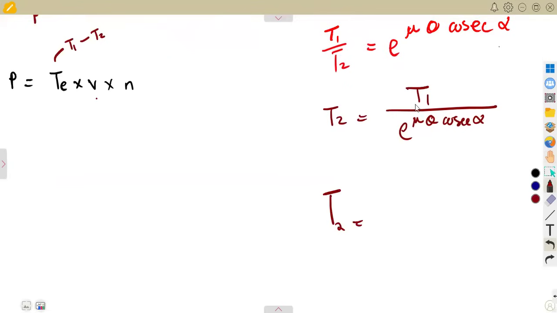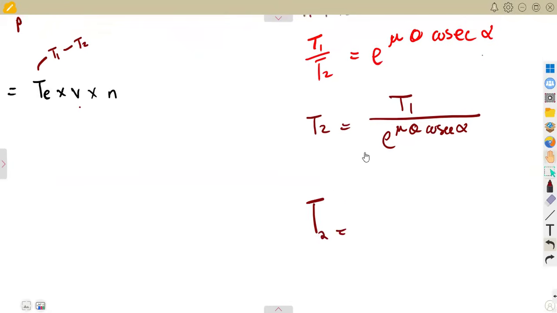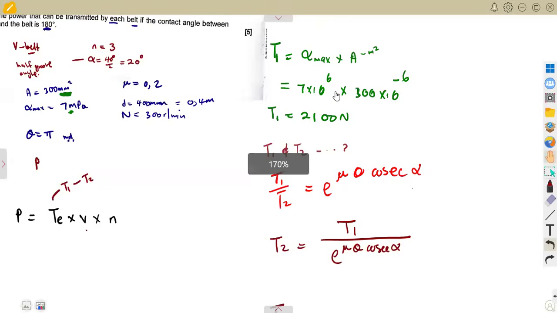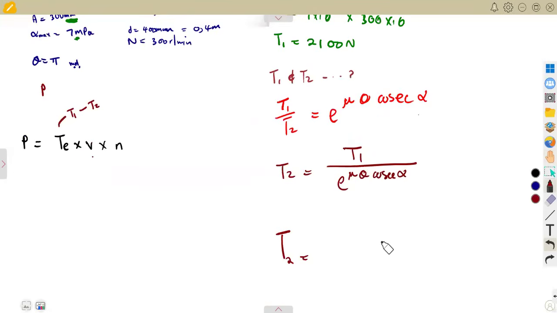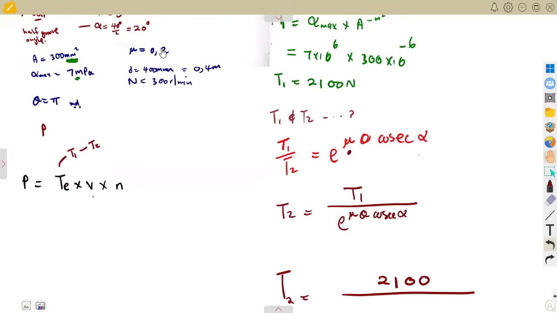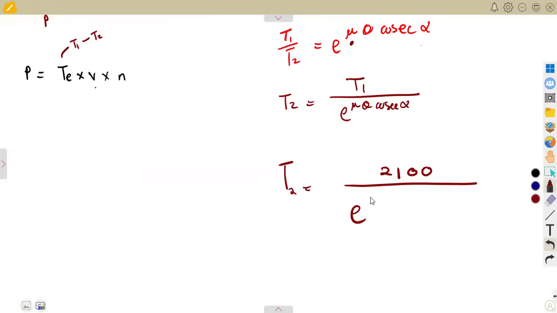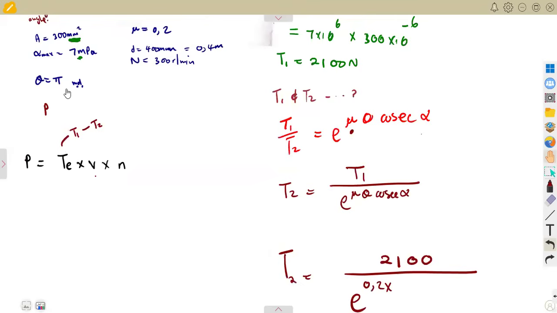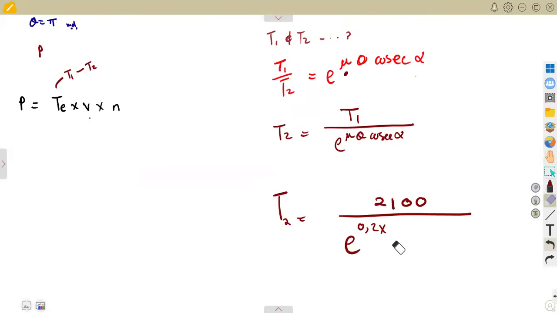So T2 is given as T1, which we calculated from the maximum stress as the tension on the tight side, 2,100 Newton, over e to the exponent of the coefficient of friction, which was 0.2, times theta, our contact angle in radians. Our contact angle is 180 degrees, equivalent to pi, times cosec alpha.